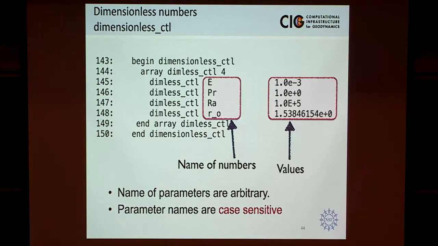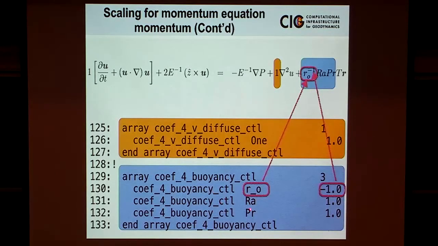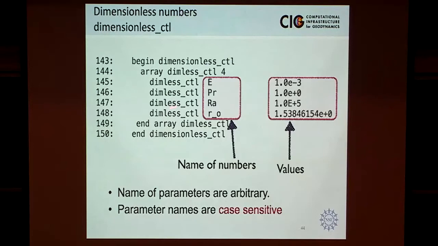So that's what we've already seen. Once we set the names of the dimensionless numbers in the previous block, we carry these names to here with the dimensionless control and given values for each parameter. Honestly, you can set any name for these dimensionless number parameters, but sorry, it's still case sensitive.